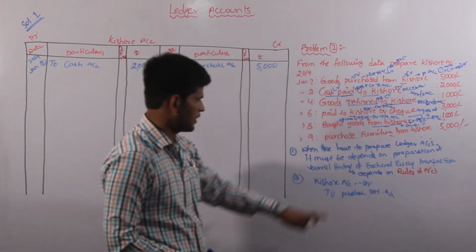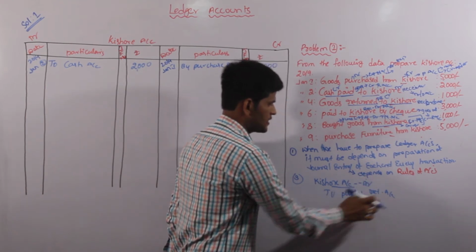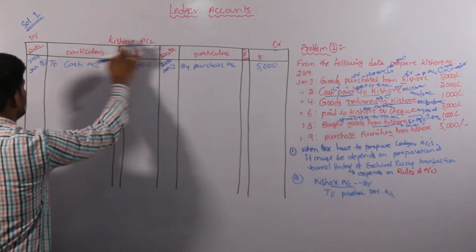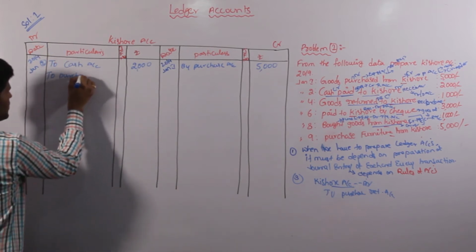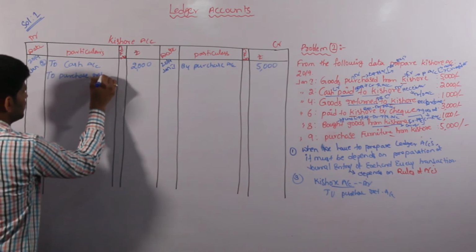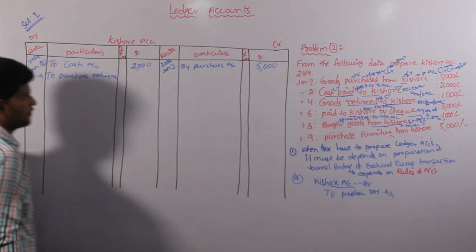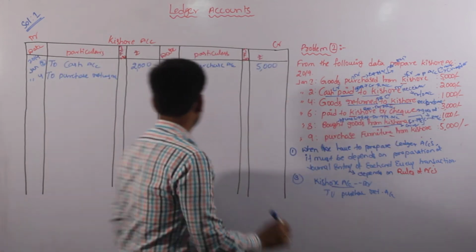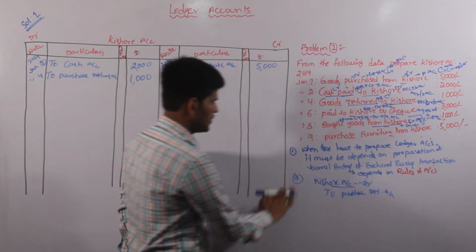Again we have to remember Kishore account is on the debit side, to purchase returns account. Kishore account debit to purchase returns account, that is on January 4th, the amount is 1000. Right? This one is also completed.